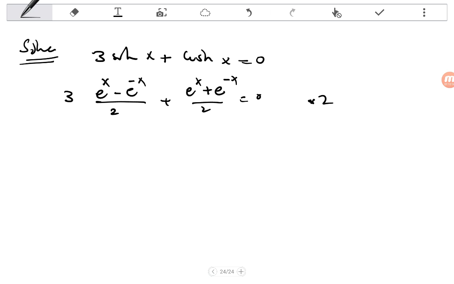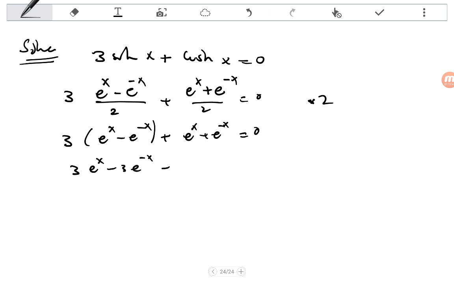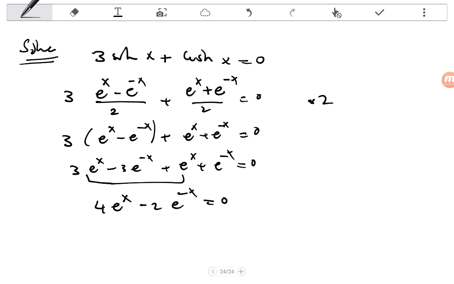I will multiply the whole equation by 2, so that will be 3 e power x minus 3 e power minus x plus e power x plus e power minus x equal to 0. I will just take these 2 to be 4 e power x, and these 2 will be minus 2 e power minus x equal to 0.